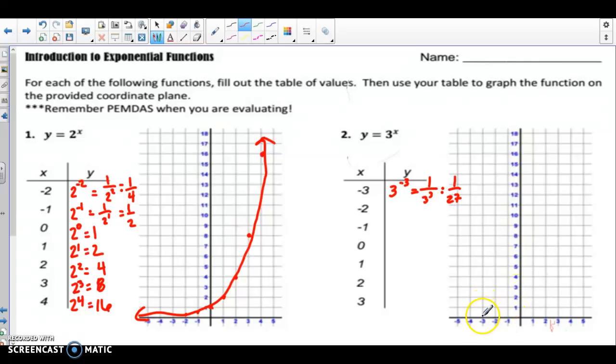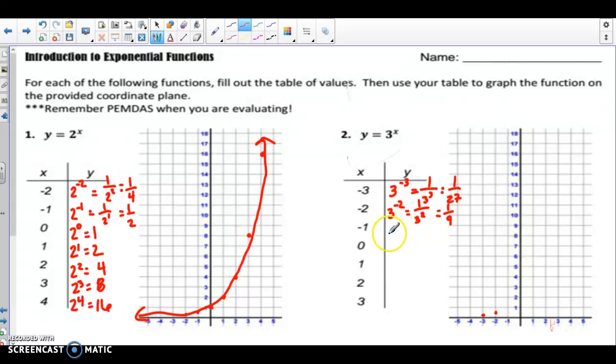So when x is negative 3, we're really, really small at 1 over 27. Then we have 3 to the negative 2, which would be 1 over 3 to the 2, which is 1 over 9. So when x is negative 2, we're a little bit bigger, but not much.